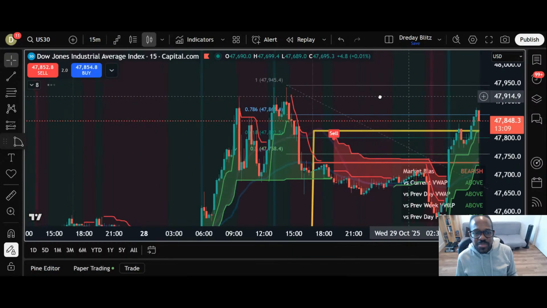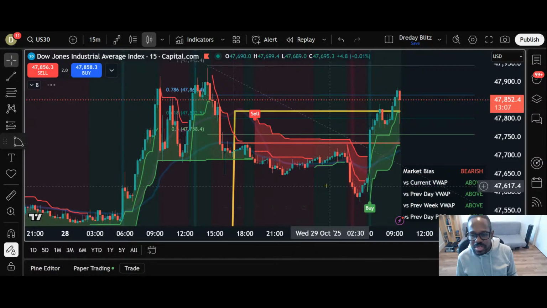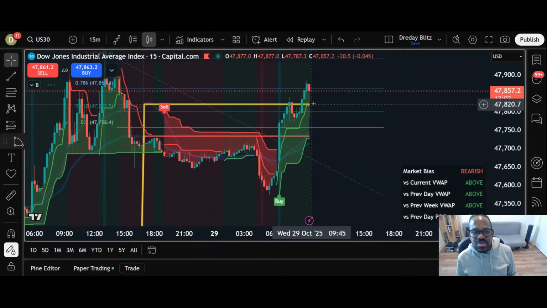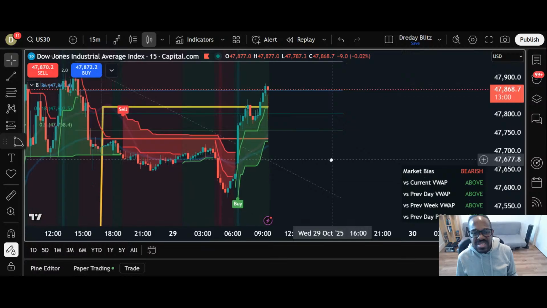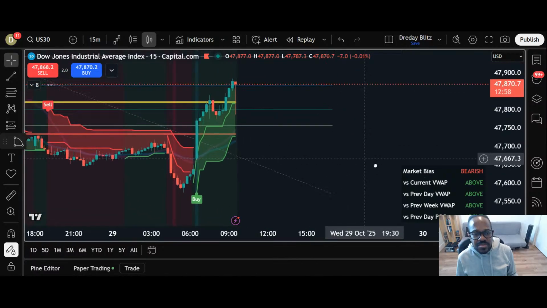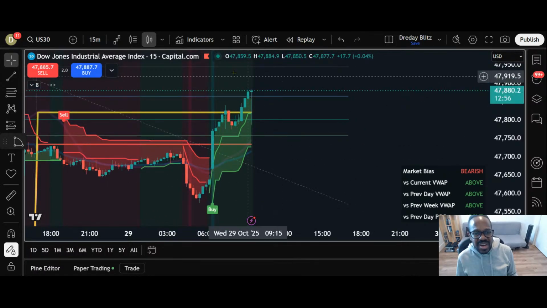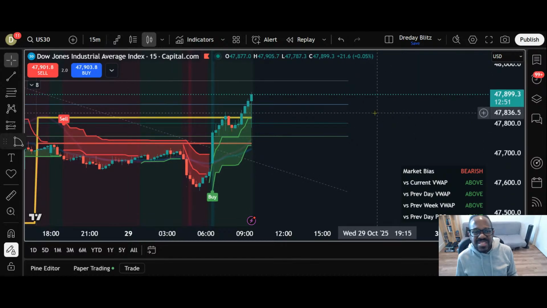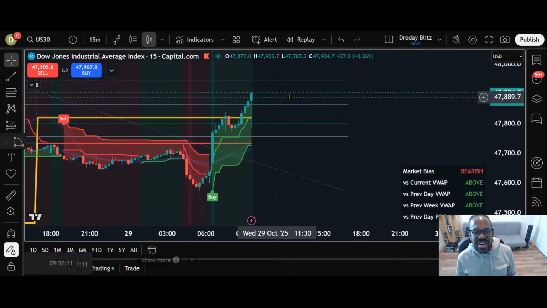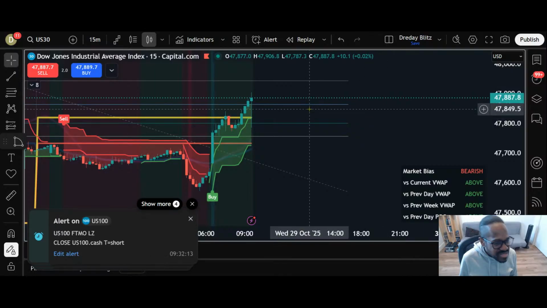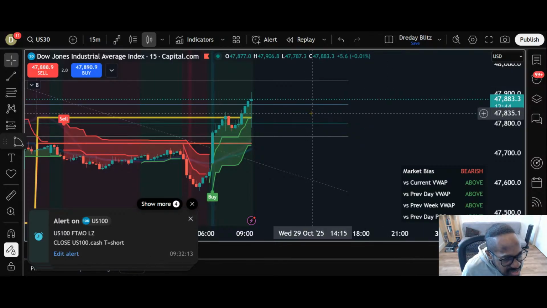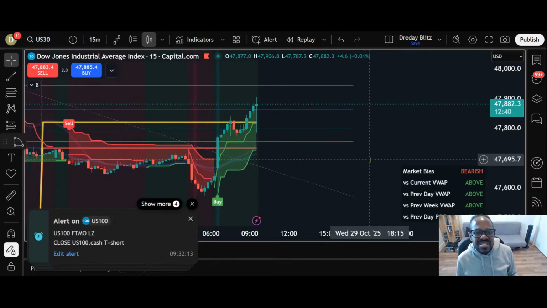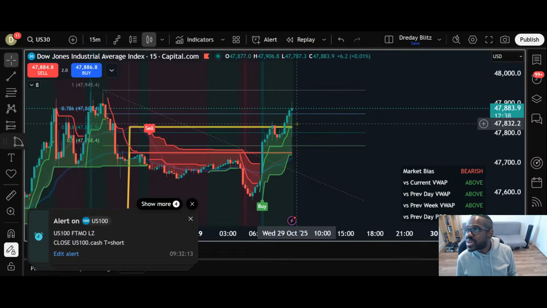What I did here, I put the fib from the swing high to swing low, just to see exactly where the resistance is. And now I'm gonna put another fib from that swing low to swing high. Now this swing high is rejected here. So we're just gonna wait.